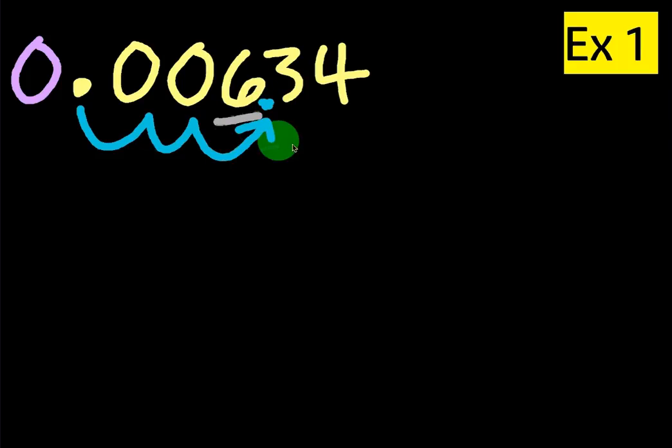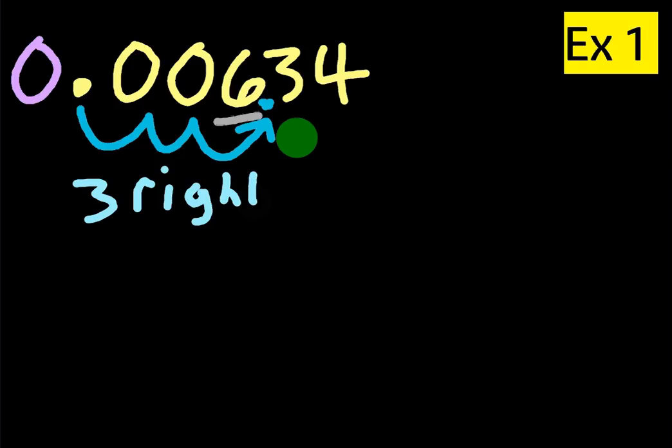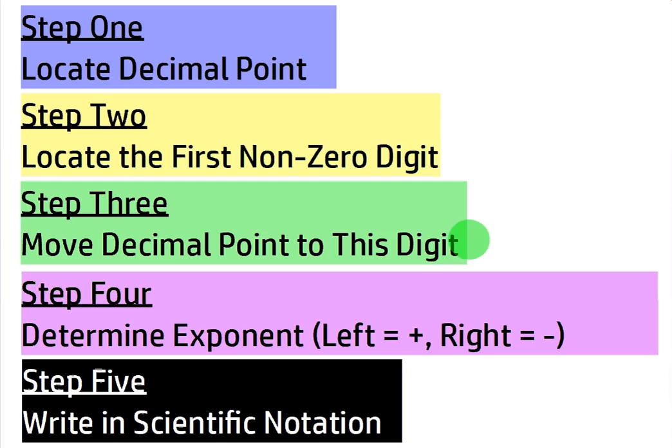That's 3 hops. Okay, and if you want to, you can even kind of show right below your hops that you went 3 units to the right. But you know, I should caution that because your exponent is going to be the opposite of that. So maybe instead of writing plus 3, you write 3 to the right. Okay. So we'll see that the exponent's actually going to be opposite of that, because if you were to convert it back, it would need to be opposite. So determine the exponent.